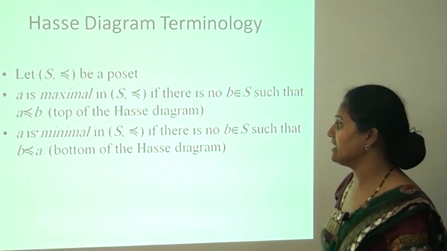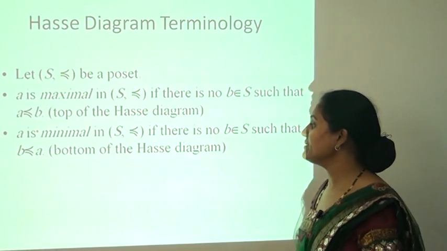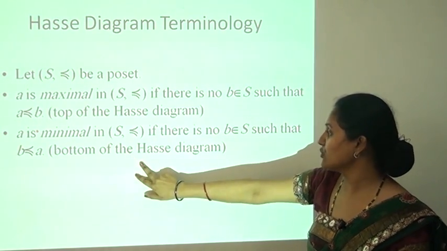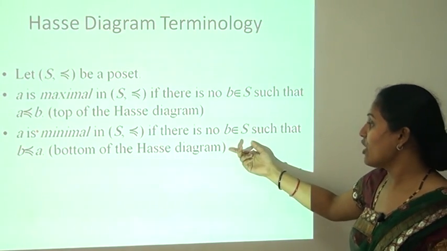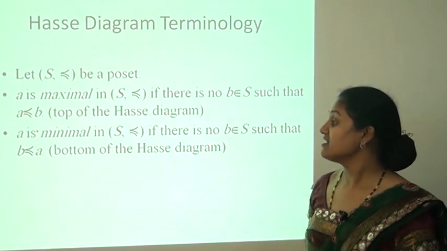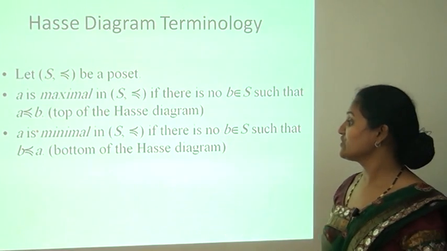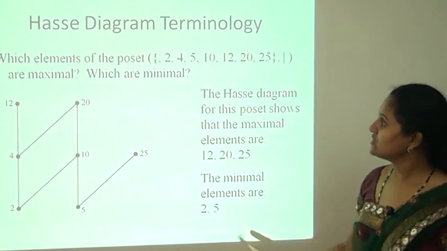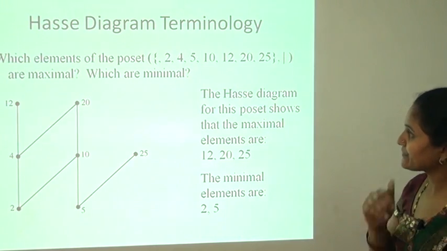Similarly, A is called minimal in the poset (S, ≤) if there is no B belonging to S such that B ≤ A, meaning A is a bottom element of the Hasse diagram.